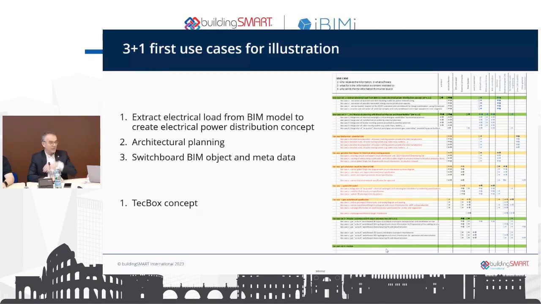So the wish list in red is still big, and there are many more to come because we just started. We will present here this afternoon just 3 use cases, at the beginning, at the middle, and at the end of the design and build process, just to illustrate and get your comments on the way we are proceeding, plus one concept that will be in the next workshop, which is the tech box concept that Bernd will present.